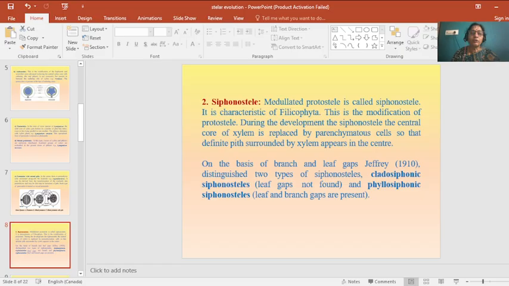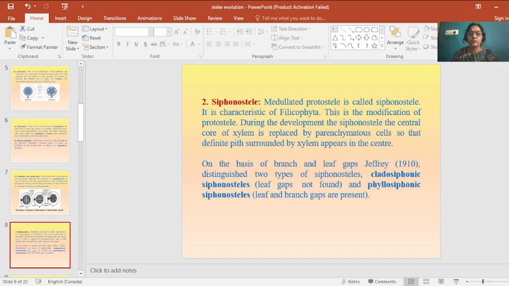The second type of the stele that is found in pteridophytes is known as the siphonostele. In this, the medullated protostele is called the siphonostele, which is characteristic of the class Filicophyta. It is the modification of the protostele. During the development of the siphonostele, the central core of the xylem is replaced by parenchymatous cells, so the pith surrounded by xylem appears in the center.